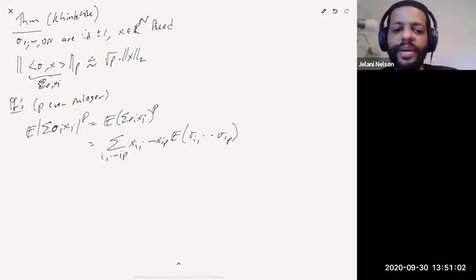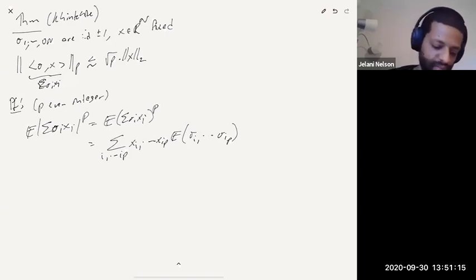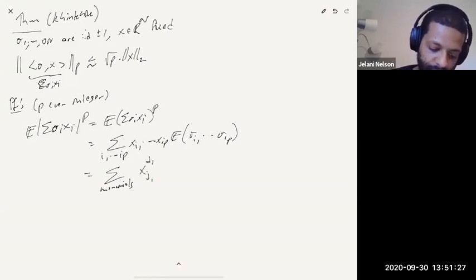Now the thing to note is that some of these indices i1 up to ip might be repeated. All those p indices are not necessarily distinct. So let's write this as a sum over all monomials of x j1 raised to some power d1, up to x jr raised to some power dr, times the expectation of sigma j1 to the d1 up to sigma jr to the dr. Does that make sense?